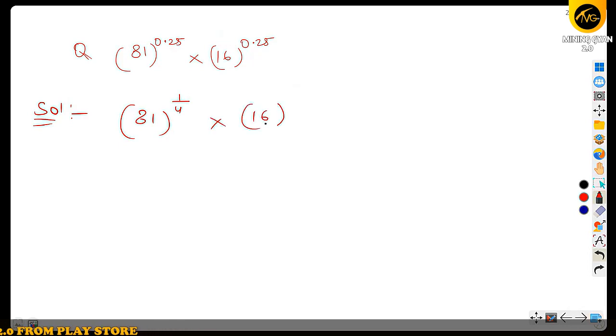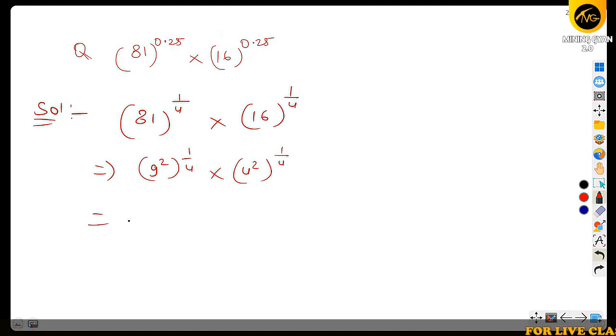Similarly, 16 power 0.25, that means 1 divided by 4. Now 81 is the square of 9, so 9 square power 1 divided by 4. Similarly, 16 is the square of 4, that means 4 square power 1 divided by 4. Now 2 and 4, that means 1 divided by 2. Similarly, 4, 1 divided by 2.